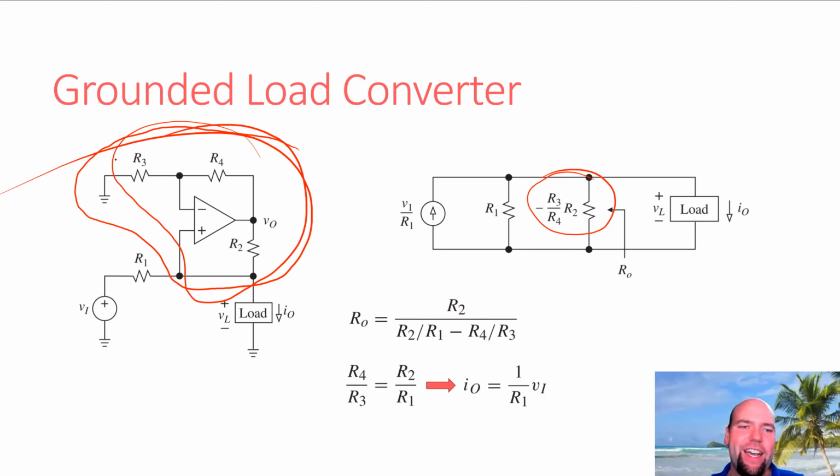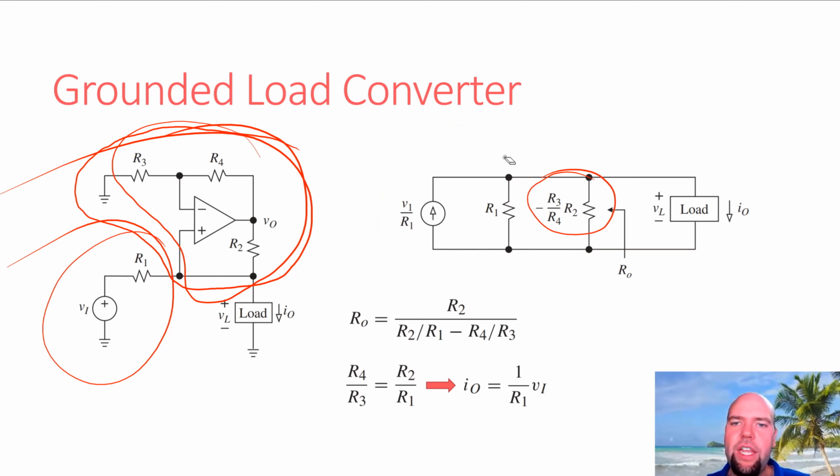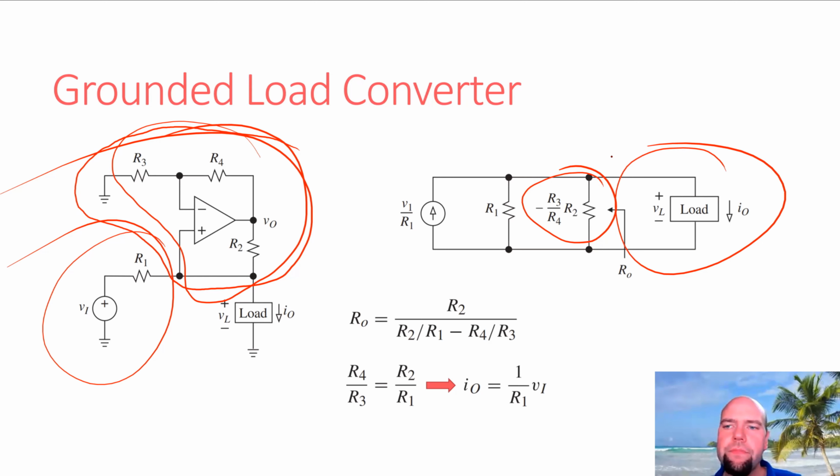If we take our input voltage and do the source transformation on that input voltage to make a current source, we can model our circuit as shown here. Again, we just plopped in that negative impedance converter. Our load is connected here.